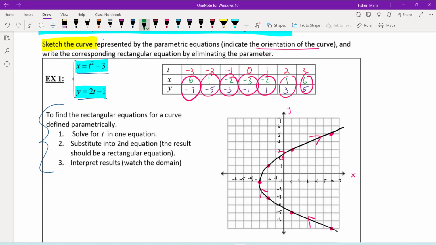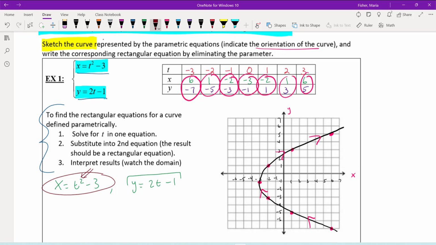We have two options. We have x is equal to t squared minus 3, and we have y is equal to 2t minus 1. And we have to solve one of these for t. Well, we are going to choose this one here, and the reason we won't choose the x one is because if we were to try to solve for t here, we'd have to take the square root, which means we'd have two separate equations because of the plus or minus.